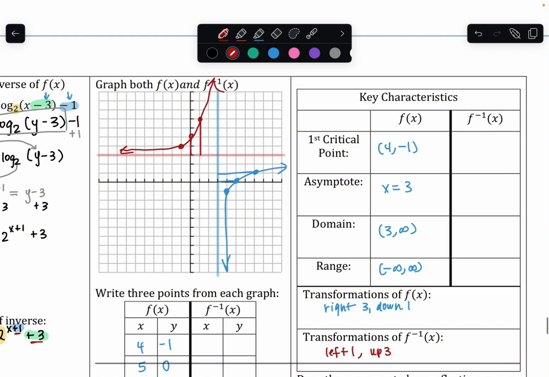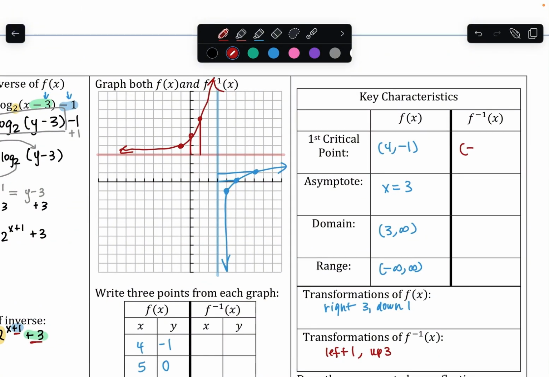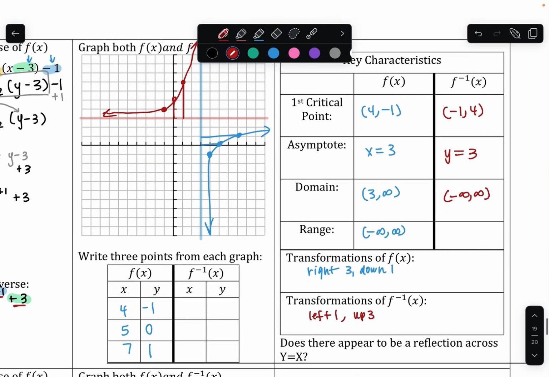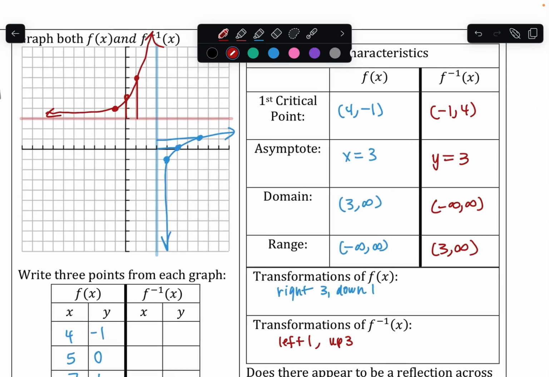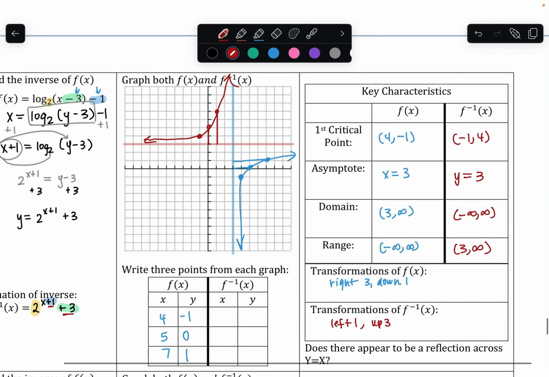Okay, and so that first critical point is -1, 4. We see the asymptote is at y = 3. The domain is all real numbers all the time for exponential, forever left, forever right. And then the range is strictly above the asymptote at y = 3. So 3 to infinity. Notice everything is still reversed.